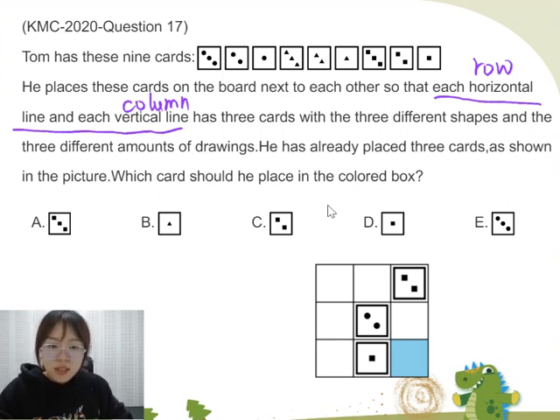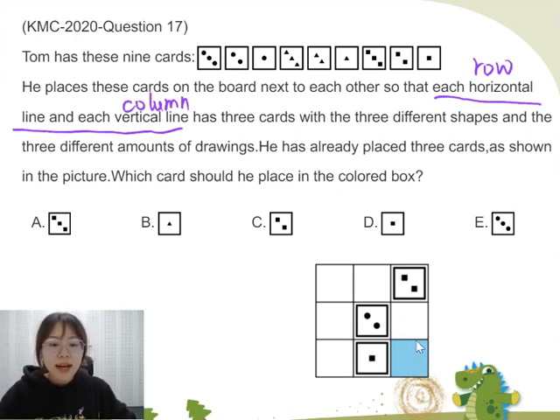Horizontal line means the row, and vertical line means the column. So for each row there are 3 different patterns and 3 different numbers. He has already placed 3 cards as shown in the picture. Which card should be placed in the colored box?